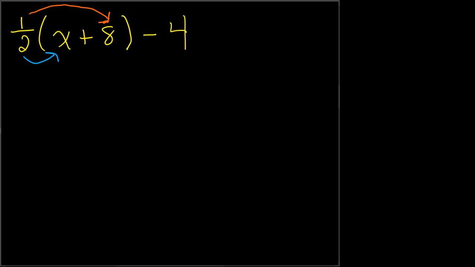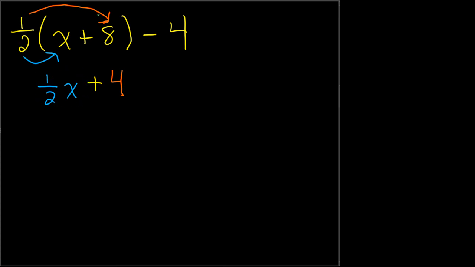So 1/2 times x. Now, I don't know what x is, so that's the best I can write that first term. 1/2 times x is 1/2 times x. But 1/2 times 8 is 4. Right? So I do this multiplication, it gives me this first term.